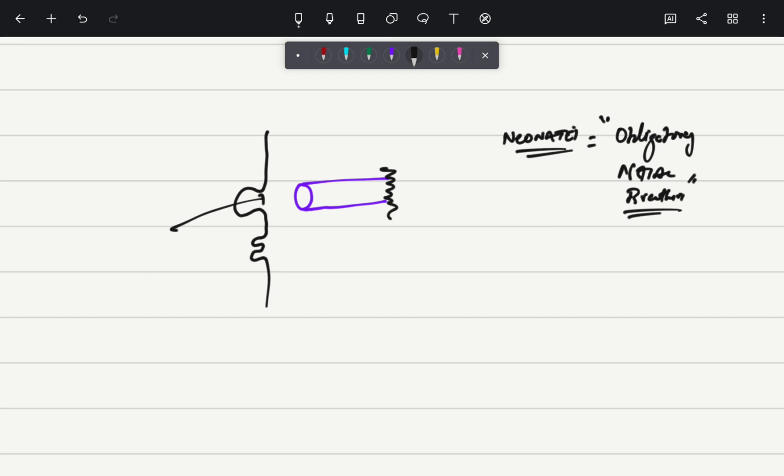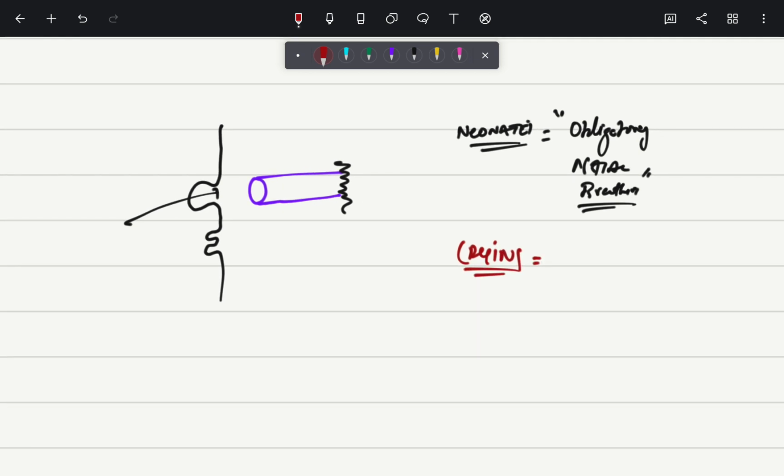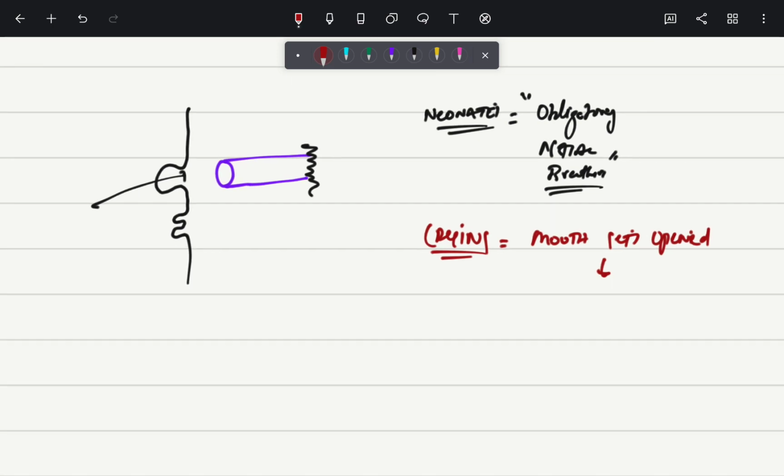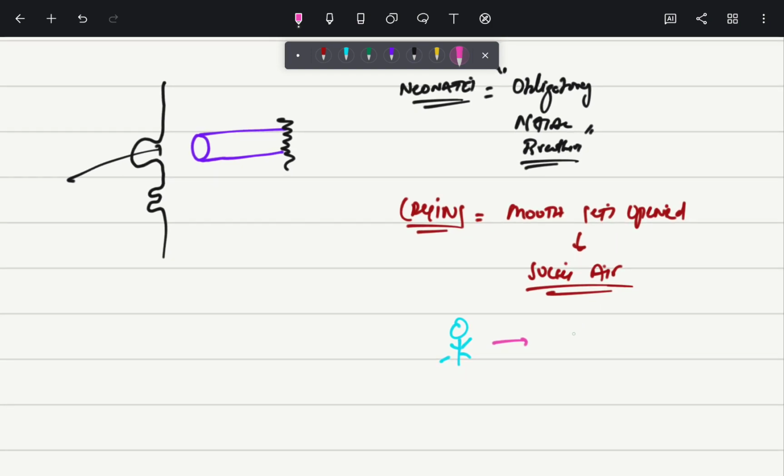So when the patient cries, what happens? The mouth gets open. Makes sense, right? When the neonate is crying, his mouth is open, and through that he sucks air. When he sucks air, the blue or cyanotic patient turns pink.